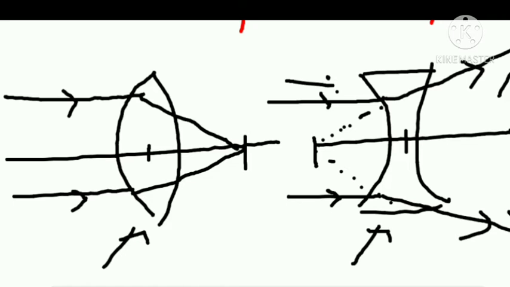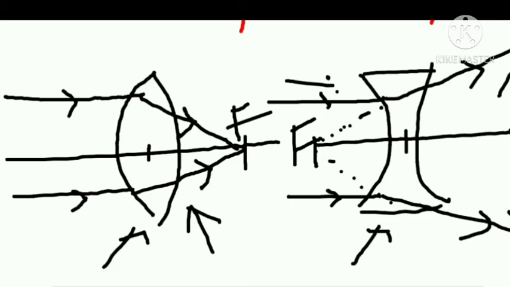So this point is called focus. And in case of convex lens, the light rays after refraction meet at a point, and this point is called focus.